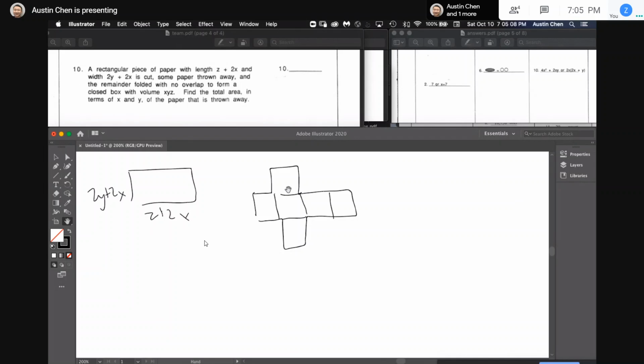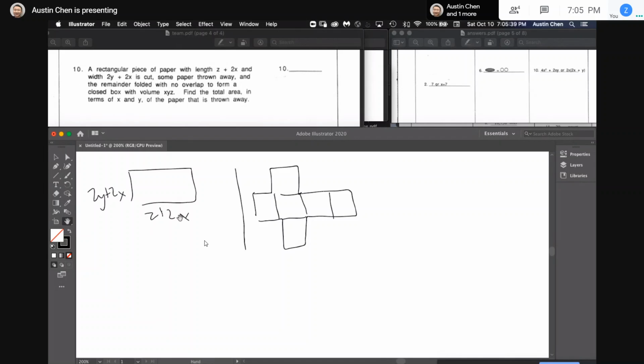So if we think of our shape like this, we can say that this side is going to be... or actually, does it have to border the rectangle? It doesn't seem so. It just wants the outcome, which can make a closed box of volume XYZ. It doesn't have to border the rectangle.